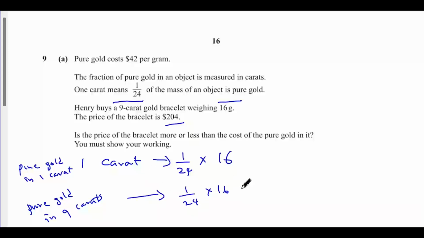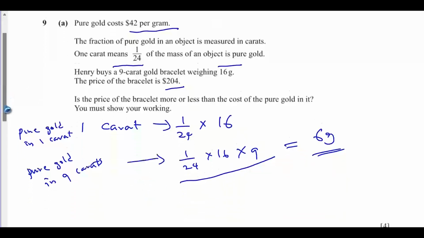In 9 carats, it implies 1/24 times 16 then times 9. This will give us the amount of pure gold inside the 9 carat bracelet. If you do this, it gives us 6 grams. Pure gold costs $42 per gram, and there are 6 grams of pure gold in the 16 grams of the bracelet.